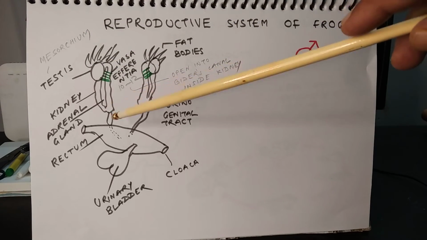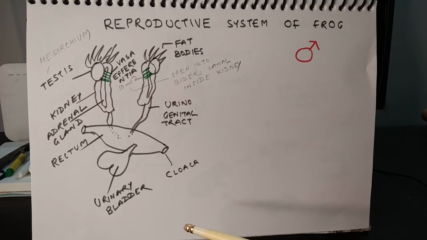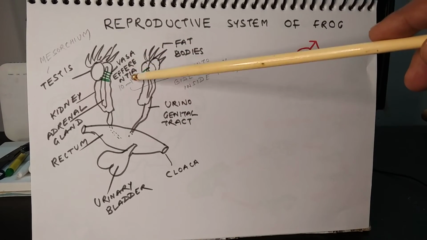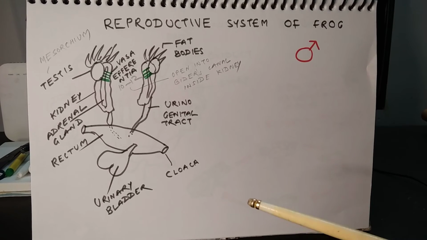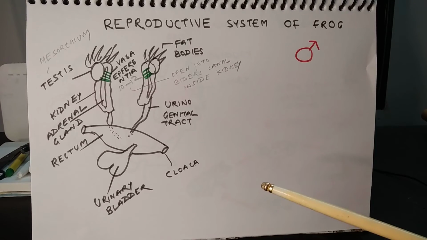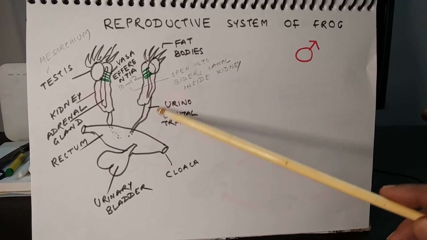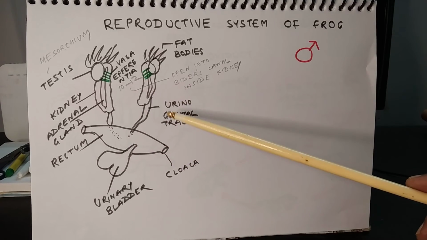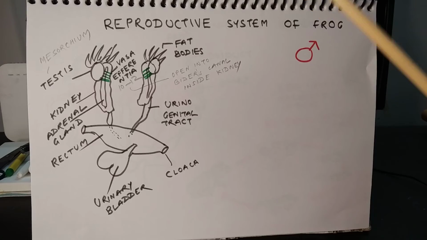Then from each testis 10 or 12 thin tubes emerge, and these tubes are called vasa efferentia. The vasa efferentia enter the kidney and open into Bidder's canal, which is inside the kidney. So there is a connection between the reproductive system and urinary system. So the ureter serves as the urinogenital tract. So in male frog, the reproductive system is connected to urinary system.